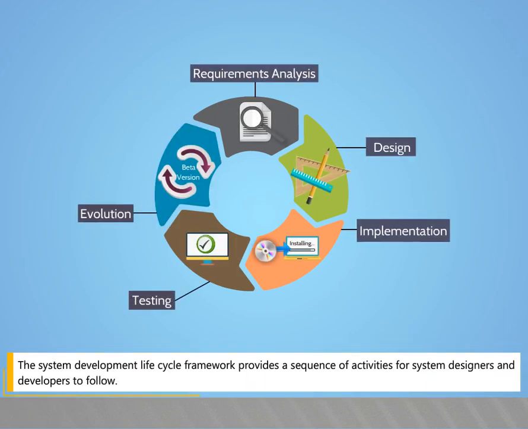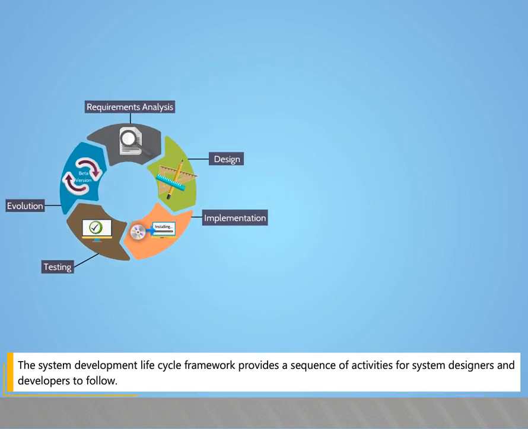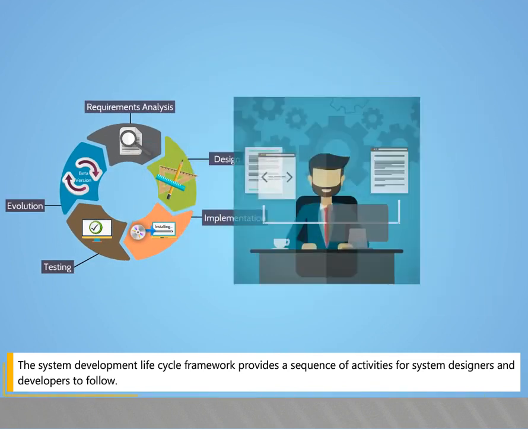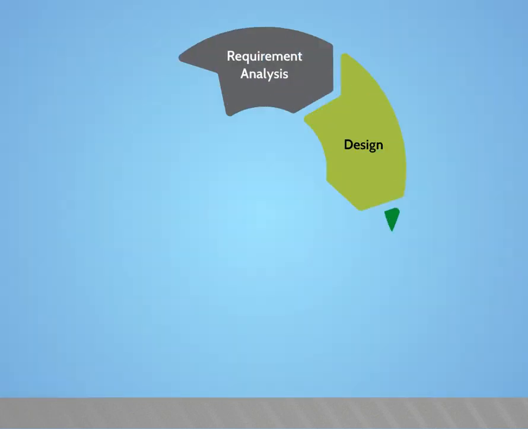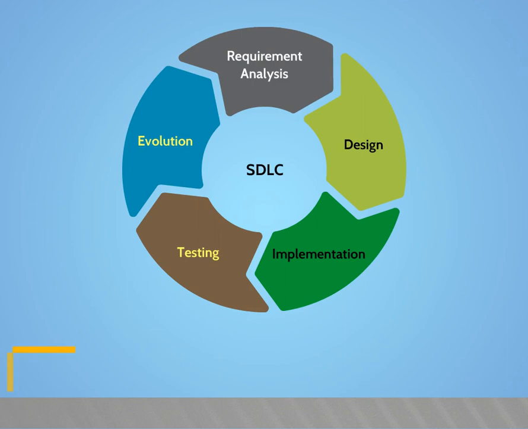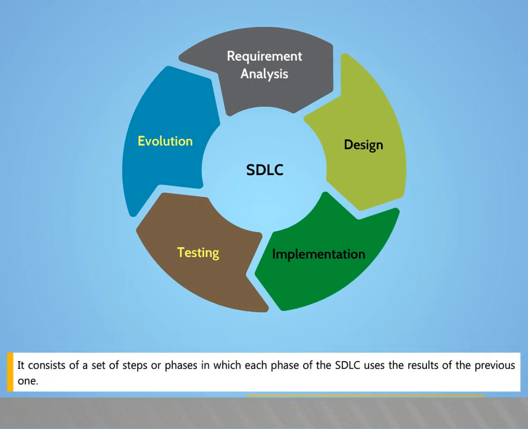The System Development Lifecycle framework provides a sequence of activities for system designers and developers to follow. It consists of a set of steps or phases in which each phase of the SDLC uses the results of the previous one.